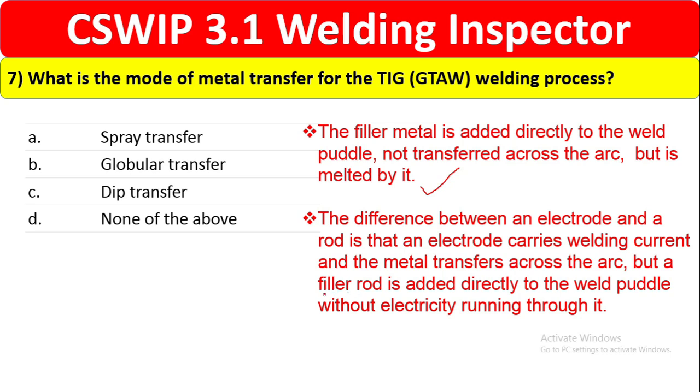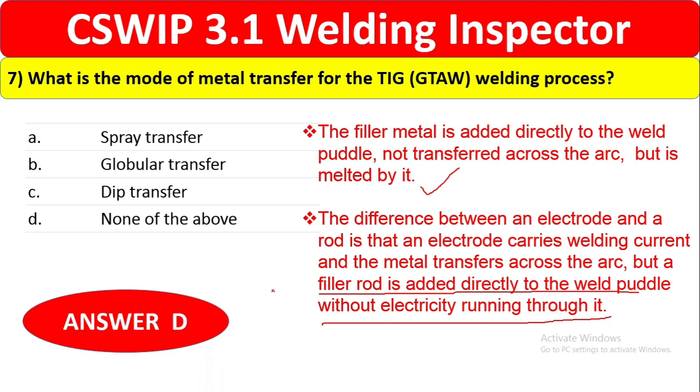But the filler rod is added directly to the weld puddle without electricity running through it. So electrode and filler rod are different criteria. So the answer will be D, none of the above. Not spray, not globular, not dip.